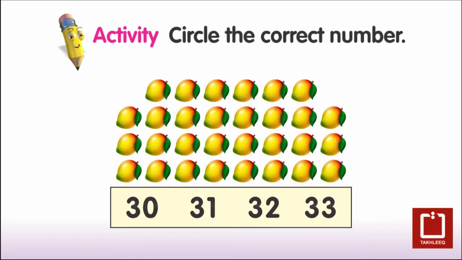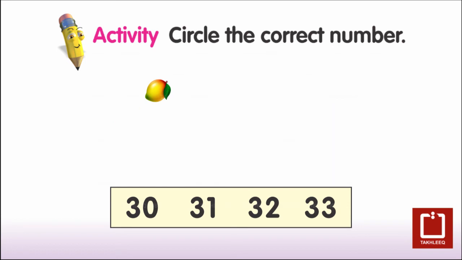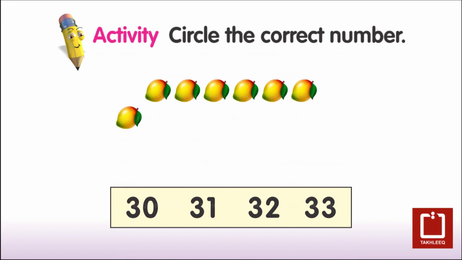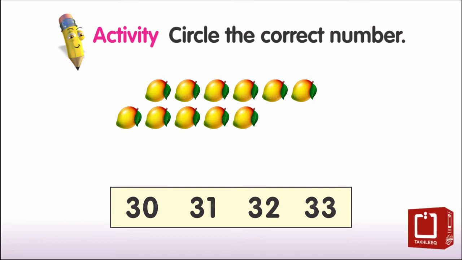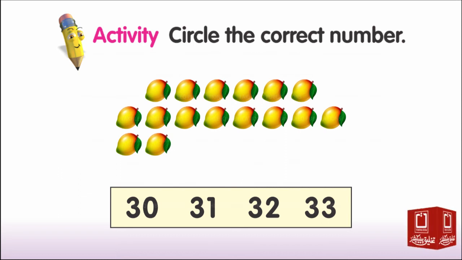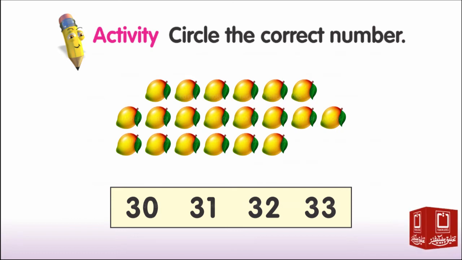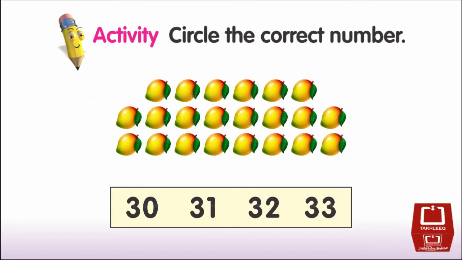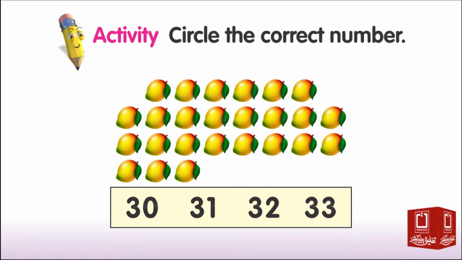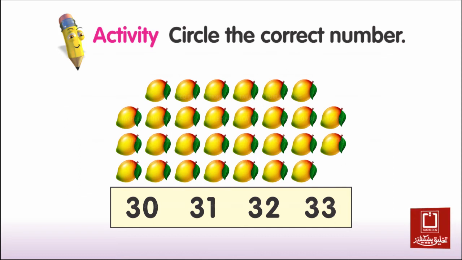We count the given objects. 1, 2, 3, 4, 5, 6, 7, 8, 9, 10, 11, 12, 13, 14, 15, 16, 17, 18, 19, 20, 21, 22, 23, 24, 25, 26, 27, 28, 29 and 30.